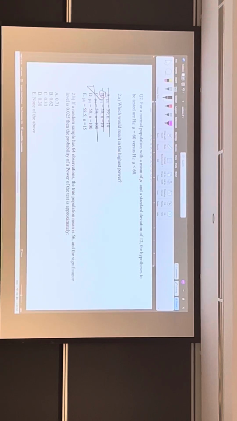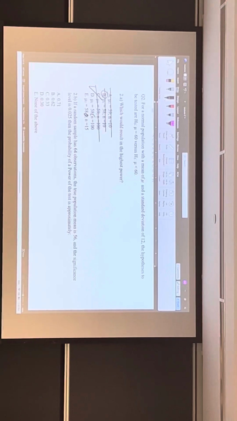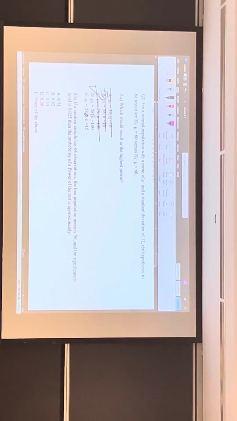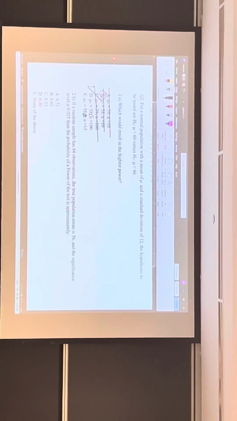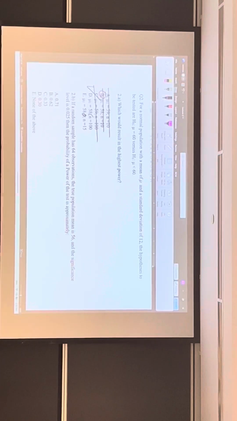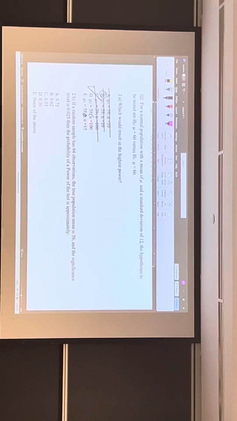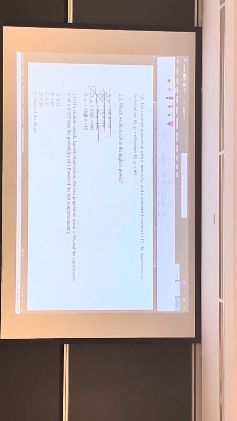Even if this was say 0.85, this is 58, I would have still said D will give more power because the sample size is 6 times more. The alternative is not much different, right? But in this case, it's obvious. D on both fronts gives me more power: bigger sample size, farther away alternative.